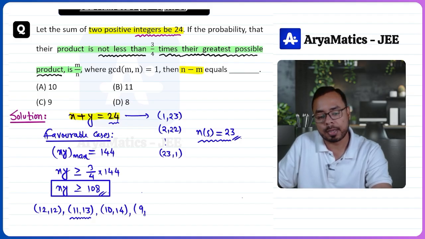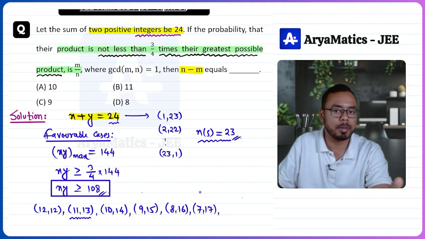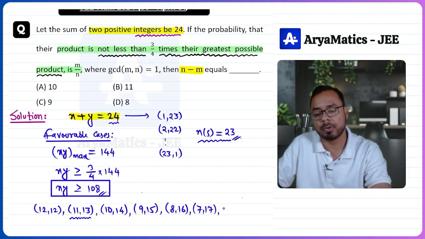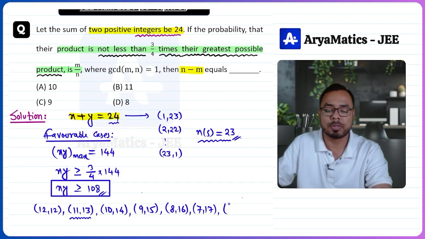Similarly, next one will be 9 and 15. 9 into 15 is 135, which is more than 108. Next one will be 8 into 16. Next possibility will be 7 into 17, right? 7 into 17 will be 119, which is greater than 108. Just decrease one number by one and increase the second number by one, and see how many cases we are getting.